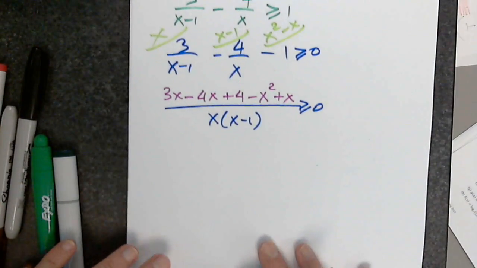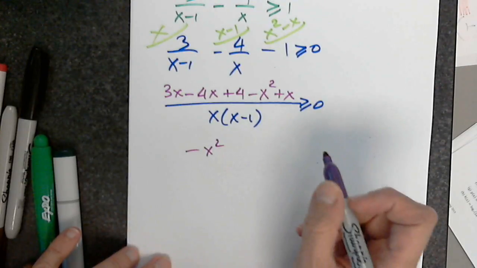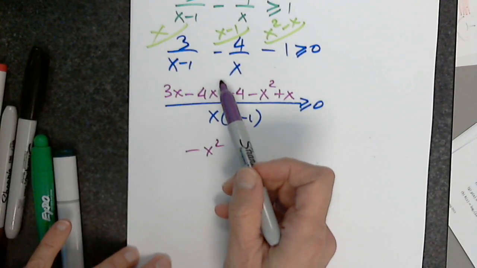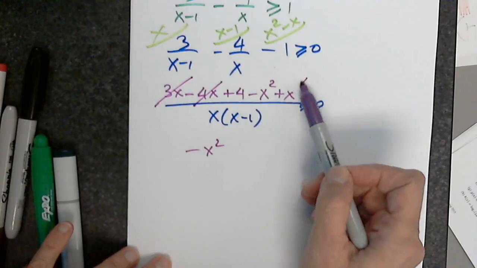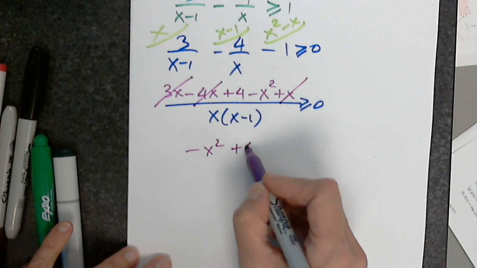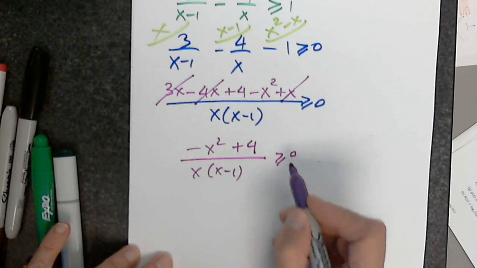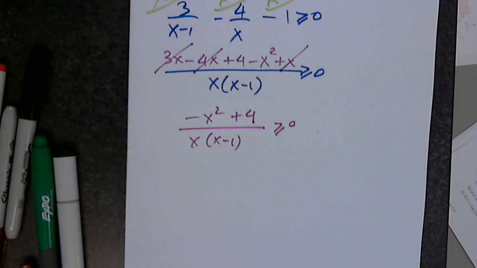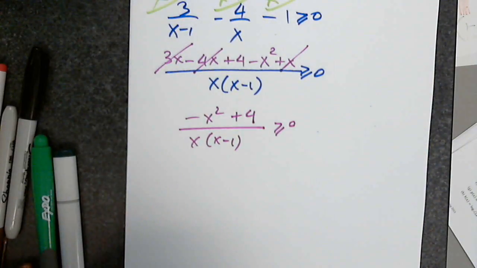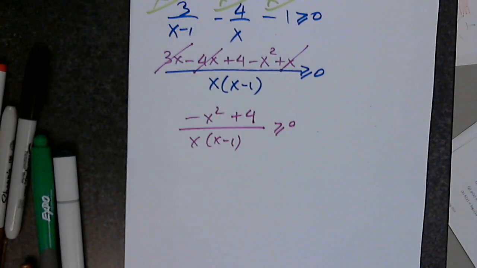Now I have to arrange it in descending order, which is negative x squared, negative 4x plus 4x, plus 4, over x times x minus 1. I realize that the numerator is in descending order, but it has a negative leading coefficient. I will pull out the negative. You can pull out the negative from any expression you want.